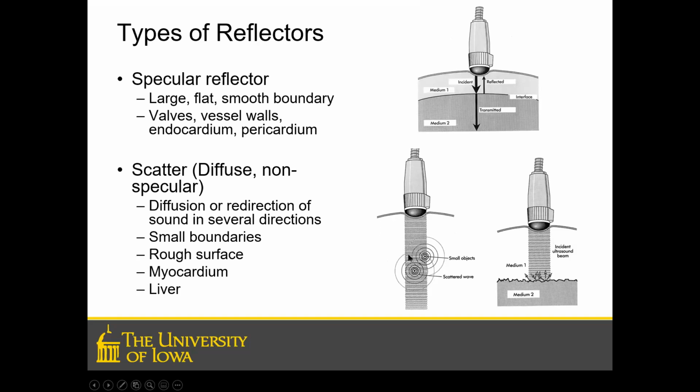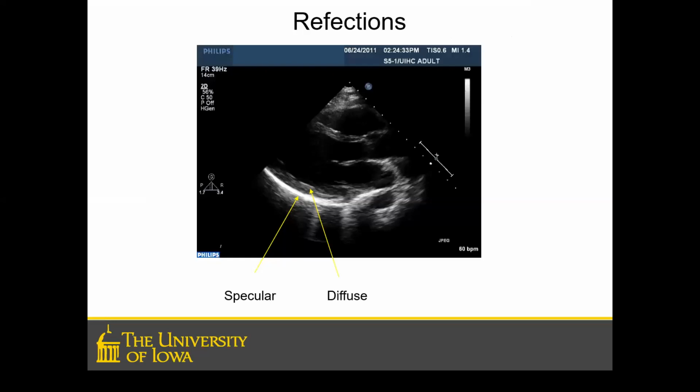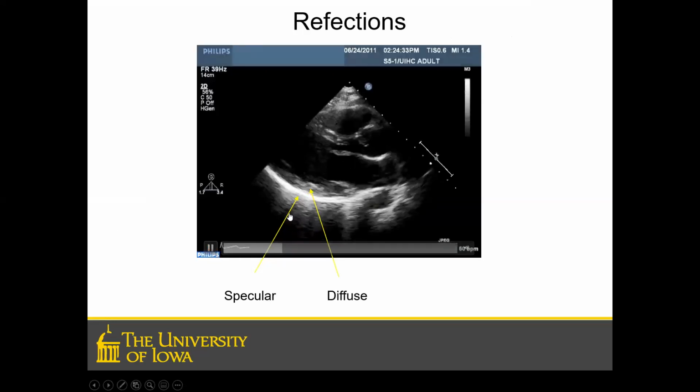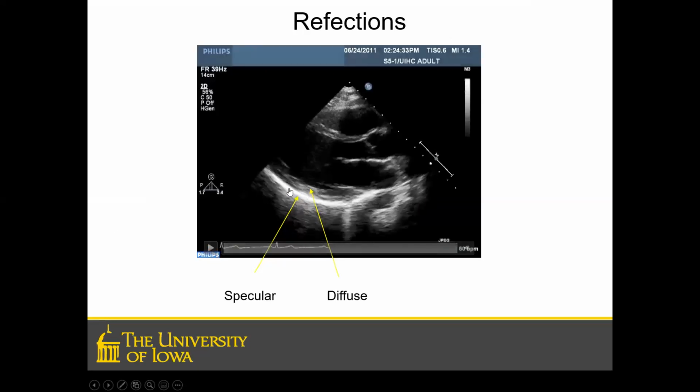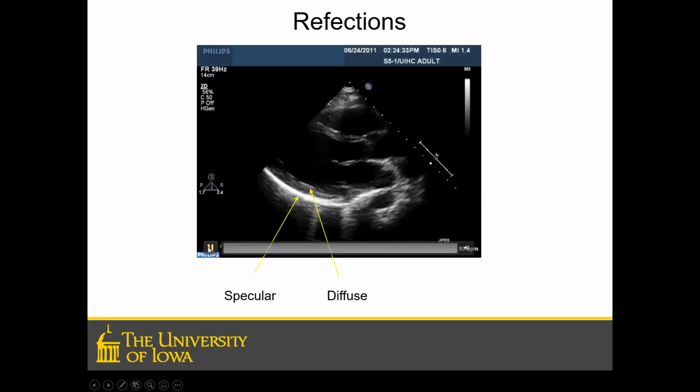The image that comes from, say, the myocardium or the liver, those are all diffuse reflectors, which is why you can image them from any different angle and they look relatively the same. So again, in this long axis, the pericardium is a specular reflector and this myocardium is a diffuse reflector.